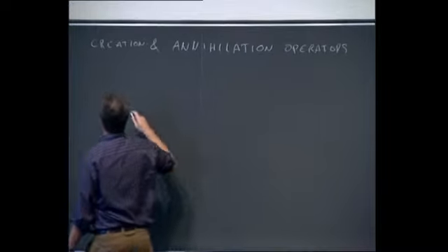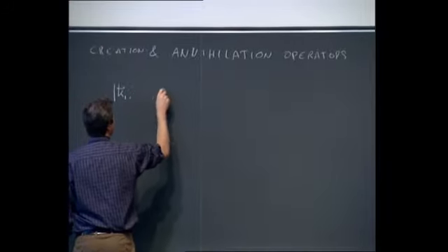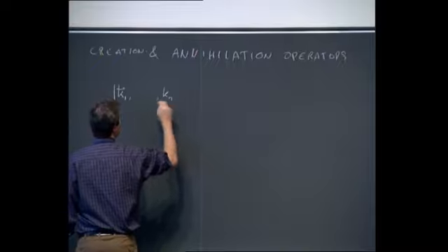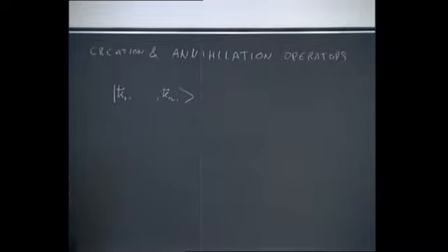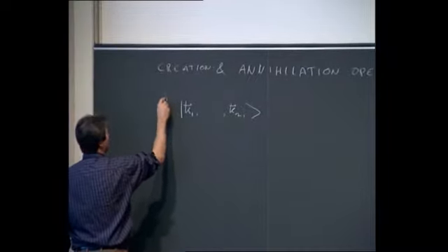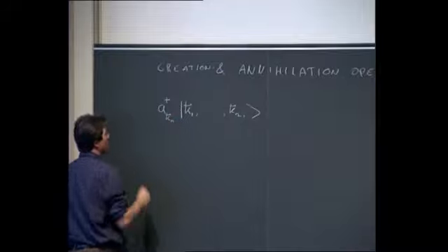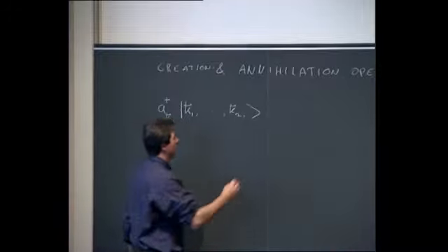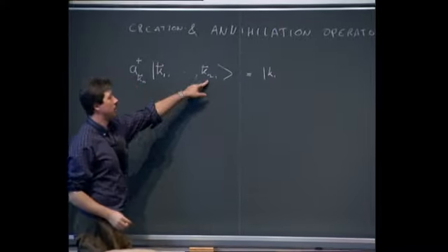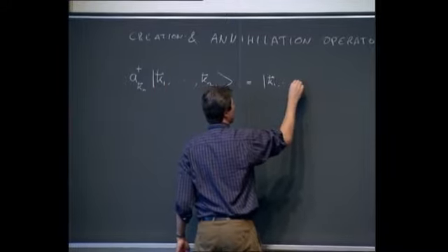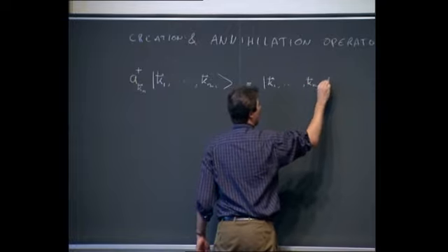If I have a state with n minus 1 particles with momentum k1 up to k(n-1), and I act on this with a creation operator, which I'll denote with a dagger, and it creates a particle with momentum kn, then we obtain the state which has n particles. So we had n minus 1 particles, and then we go to a state with n particles, namely the state where we added 1 particle with momentum kn.